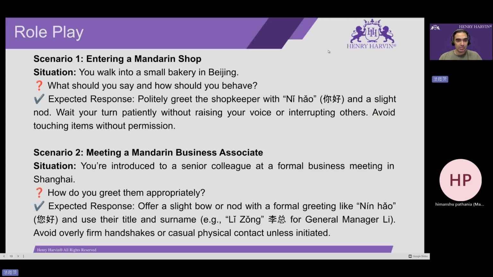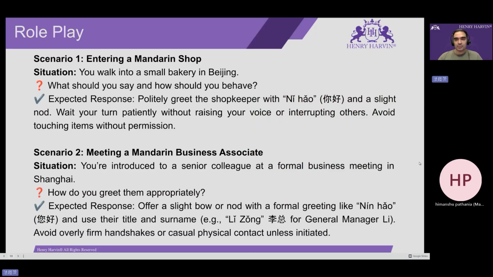And scenario two, meeting a Mandarin business associate. You are introduced to a senior colleague at a formal business meeting in Shanghai. So how do you greet them appropriately? The expected response would be to offer a slight bow or nod with a formal greeting like Nin Hao.